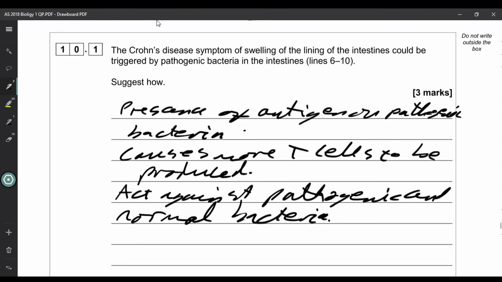We could also, they're all 3 points, but we could also go on and rather than some of the points we've already made, talk about the fact that the T cells are longer lasting, and so therefore more cytokines are made, causing the swelling. Okay, so again we can go through this by saying that because more T cells are produced, being longer lasting, they're going to produce more cytokines and therefore more swelling.